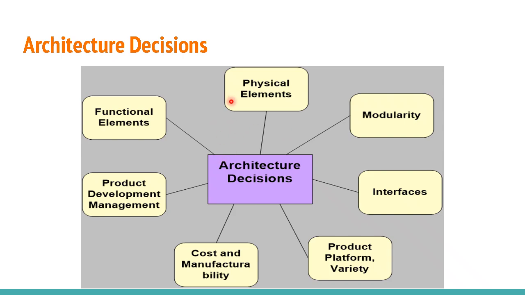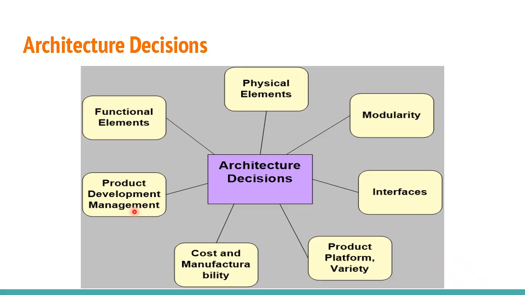Architecture decisions cover the physical elements, modularity, interfaces, product platform and variety, cost and manufacturability, product development management, and functional elements. So we are deciding the architecture and must make smart decisions. Should the product allow easy product and part replacement?